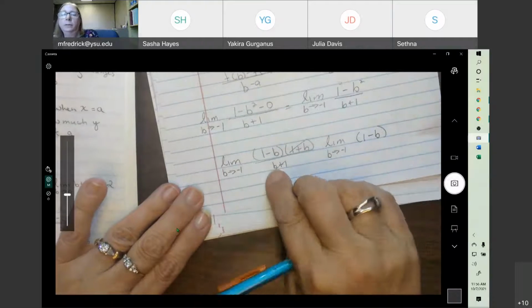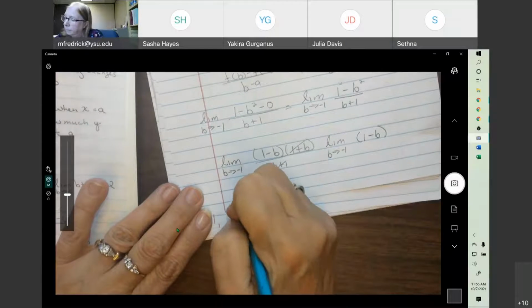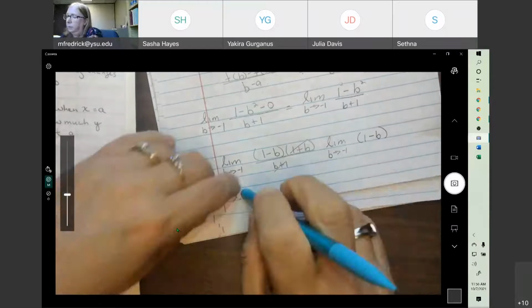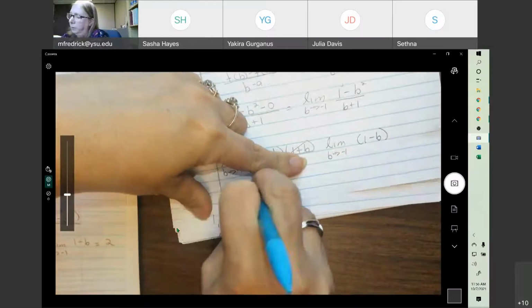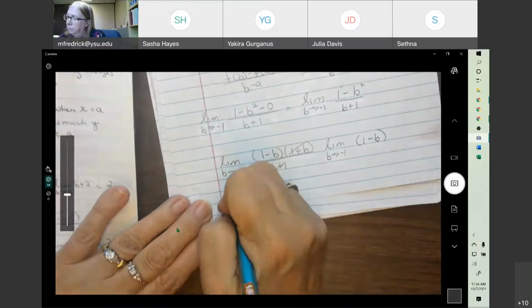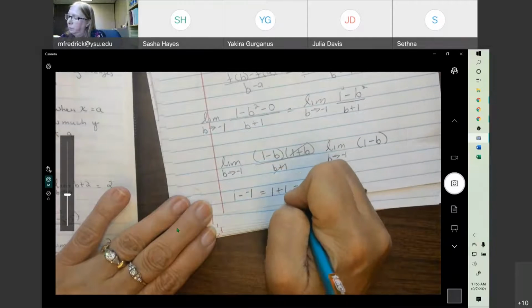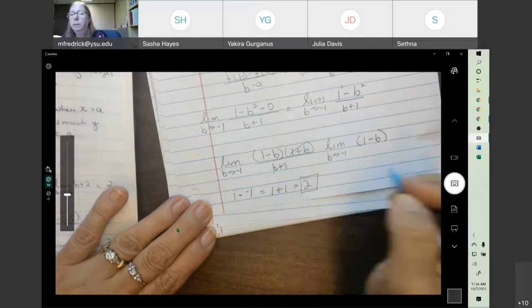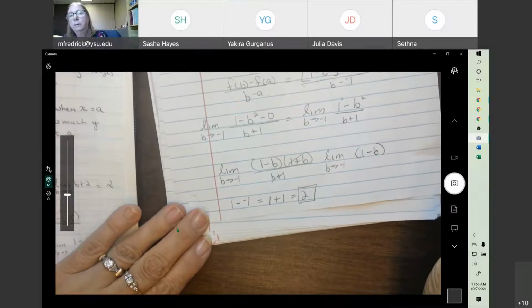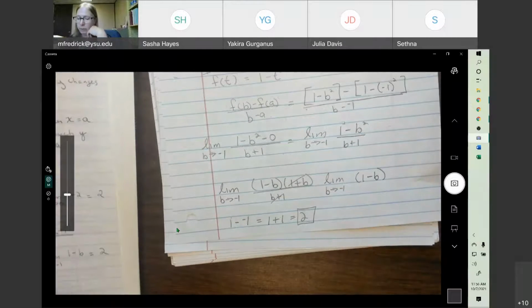Now that this reduced, plug it in. Get the limit. Once you're plugging in, you don't want to rewrite your limit. 1 minus a -1 is 1 plus 1, which is 2. Any questions on that?